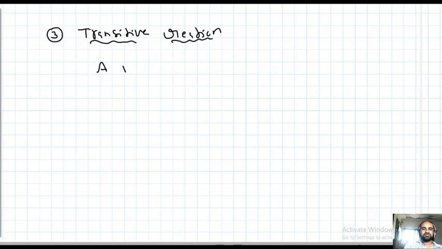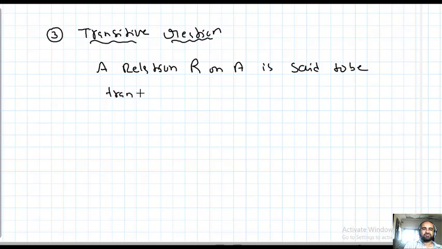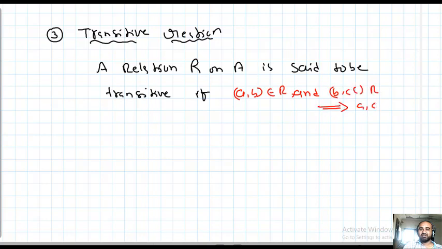A relation R on a set A is said to be transitive if A comma B belongs to R and B comma C also belongs to R implies A comma C also belongs to R.